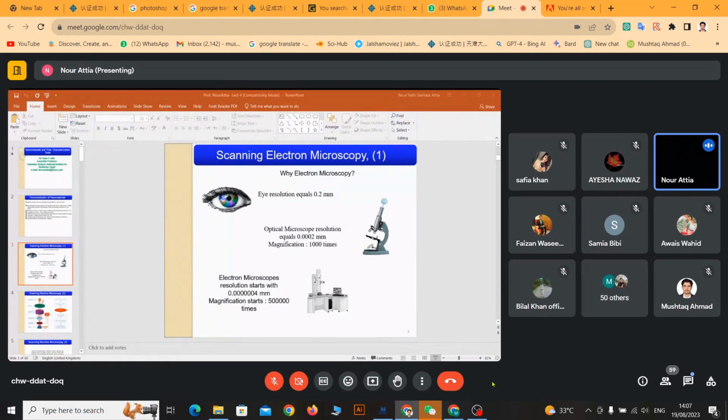Even the synthesis procedure of nanomaterial was used a long time ago, but nobody knew because there was no high resolution or high magnification instrument to see. The resolution equals 0.2 millimeters, and people used the optical microscope, and that's all, 1,000 times more. But when people discovered the electron microscope, the resolution became more than 500,000 times.